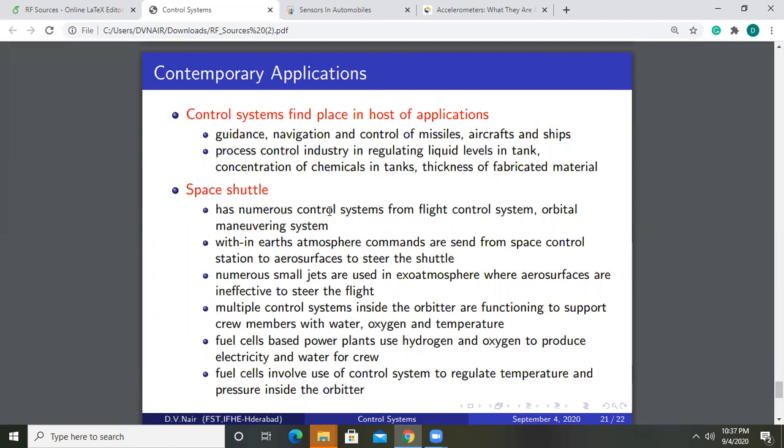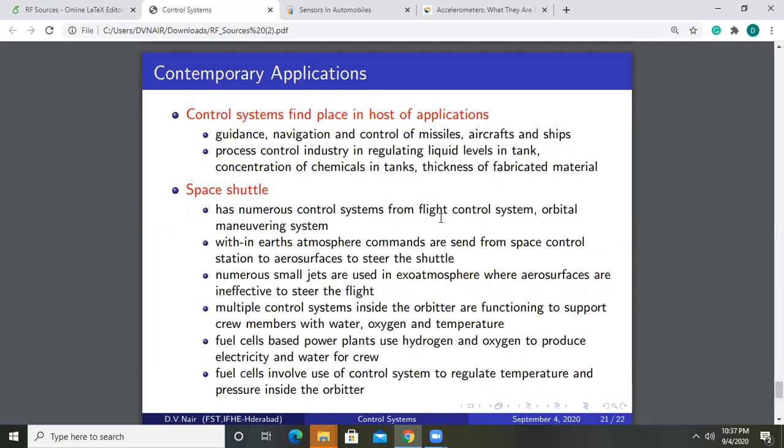Along with that, I have mentioned here the number of control systems that are built into a space shuttle for its efficient and successful space missions. So there are flight control systems, orbital maneuvering systems.